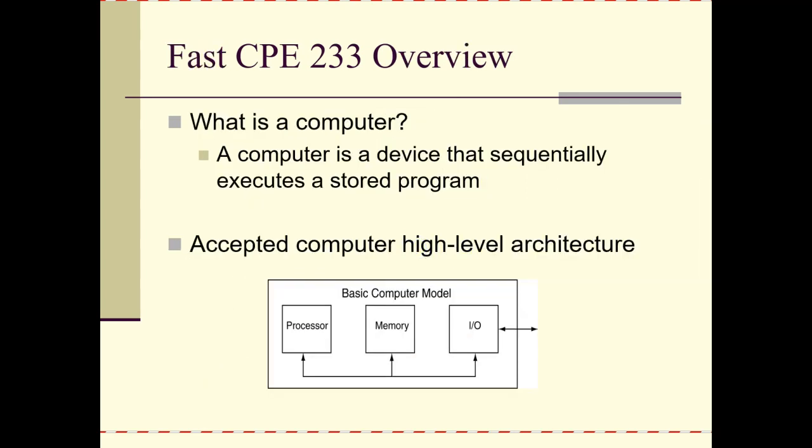So this is the fast overview. What is a computer? Essentially, a computer is a device that sequentially executes a stored program. The important thing here is there's a program and something's being executed.